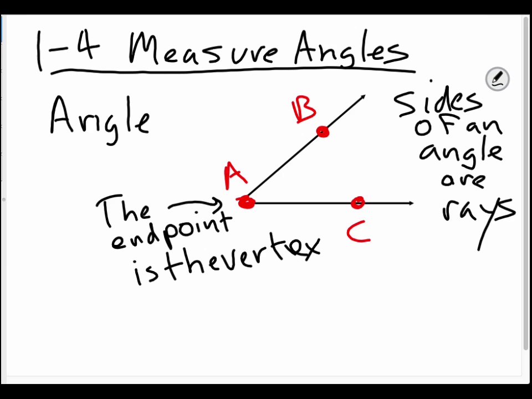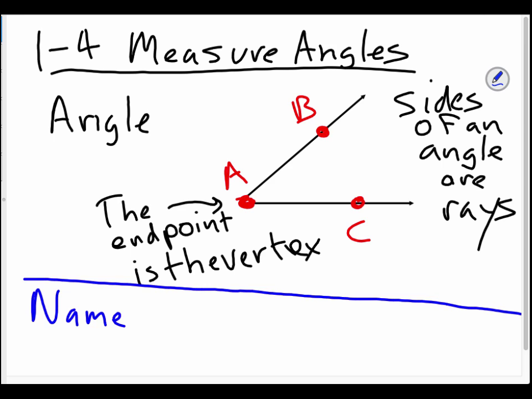So now how do we name this thing? Well, to name an angle, there's a couple ways you could do it. First of all, you can name it by the vertex and just say angle A. Since A is the end point, I can make that little line that says angle and then A. Another way I could do it is I can list all of the points in the angle, but I have to make sure that the vertex or the end point is in the middle.